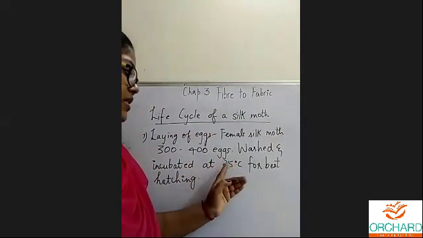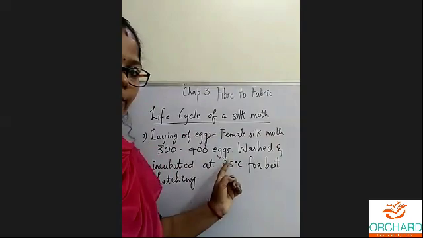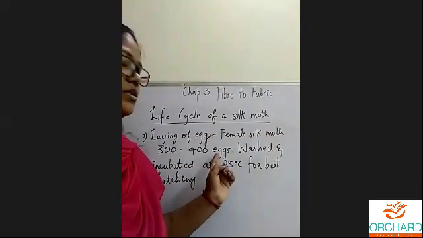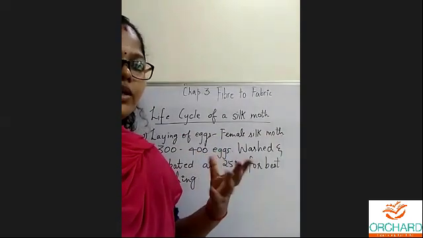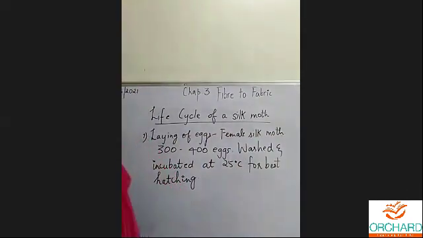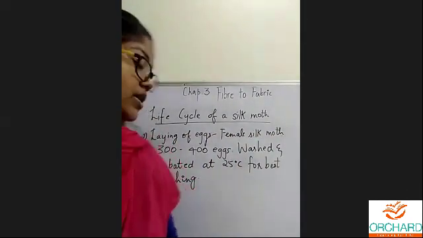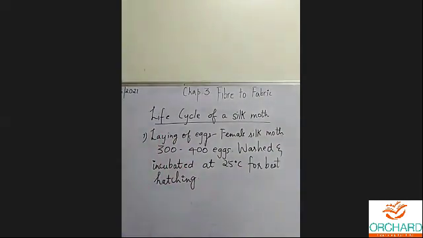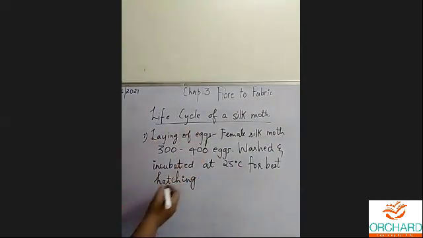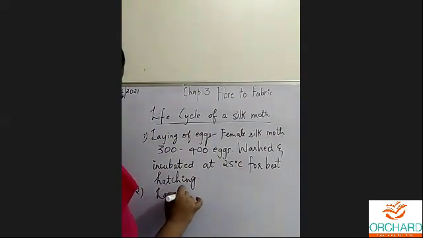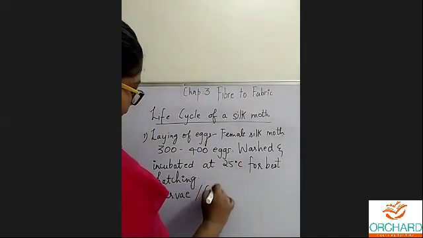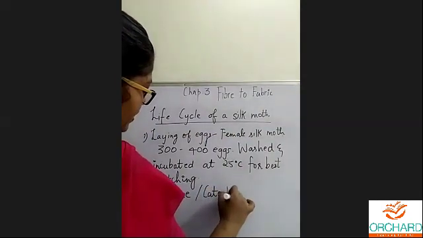That means this is the right temperature for these eggs to hatch, which will give us good quality of fiber. Okay, right. Next step: after the eggs are laid and hatching is done, what do we get? We get larvae or the caterpillar.